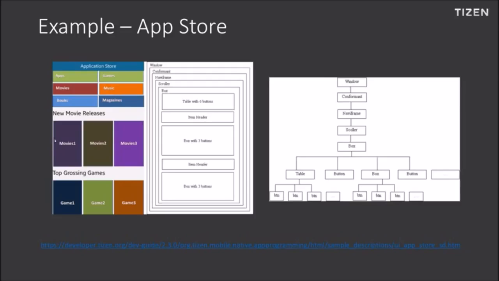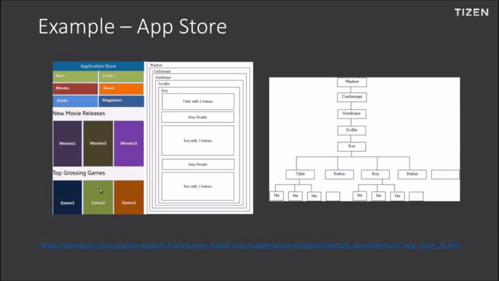For each part of the sections, we used table, button, box, button, and box, etc. These tables, buttons and boxes are packed into a vertical box, and the vertical box is packed into a scroller again. So the scroller has a vertically long box and it is scrollable. Then we push this scroller into the naviframe. So this scroller must be the first item of the naviframe.